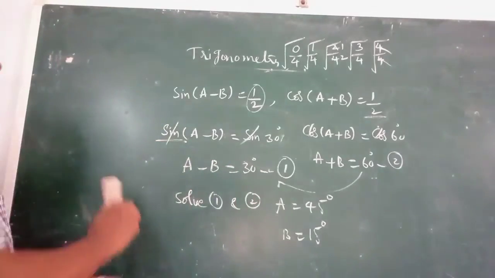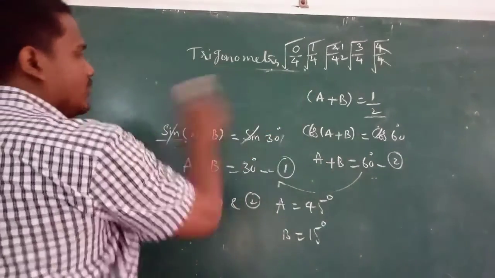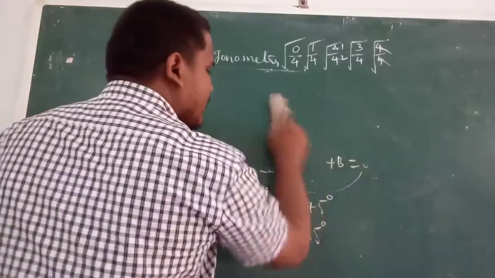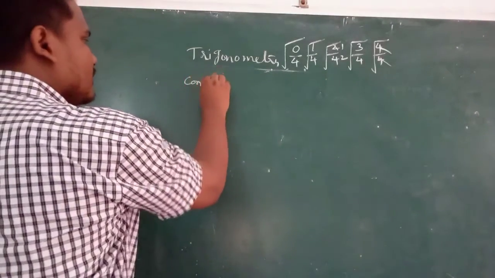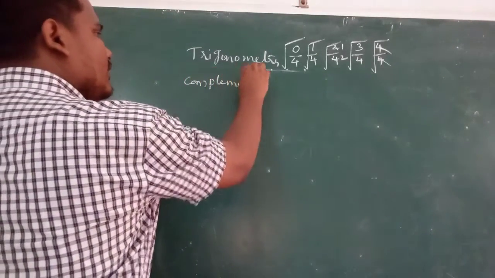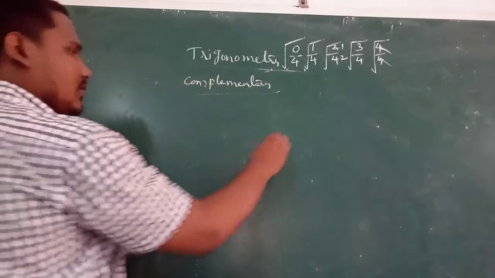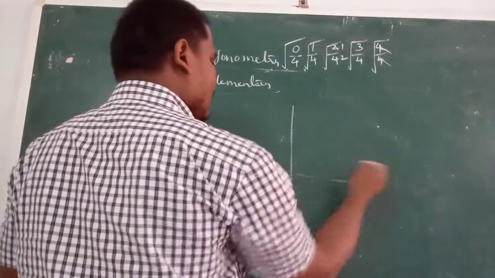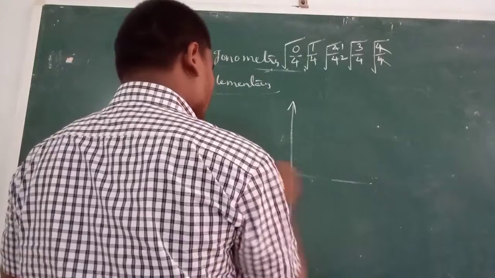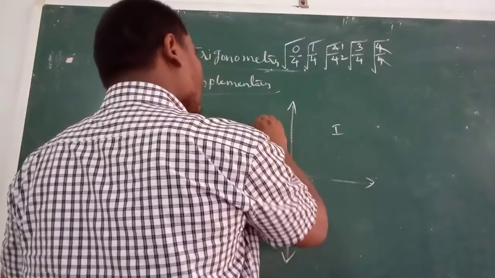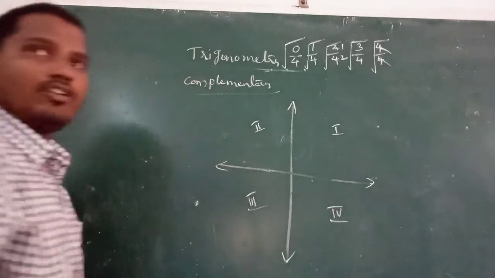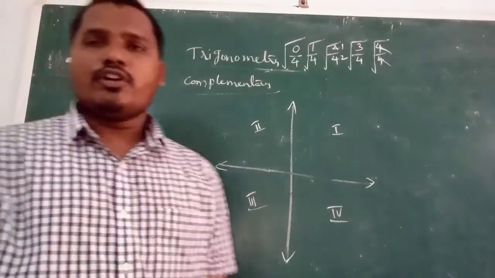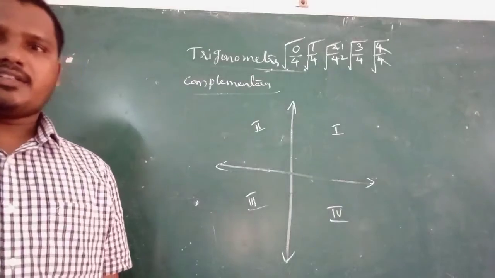Next, we are going to discuss complementary angles. Okay, this is the concept. This is quadrant 1, quadrant 2, quadrant 3, quadrant 4. Already we know this in coordinate geometry.